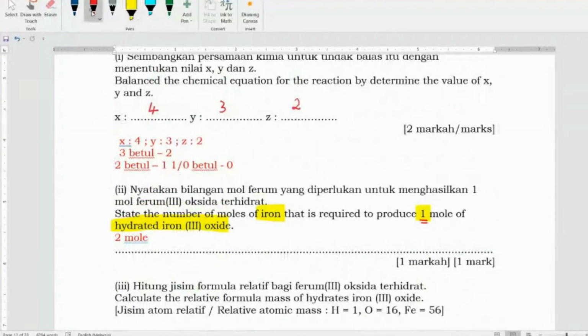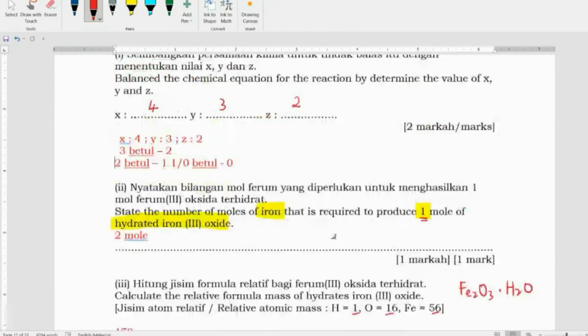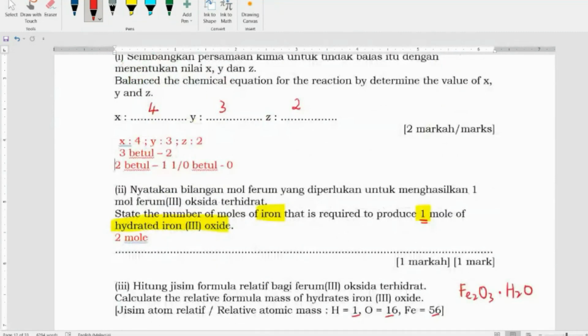So you total up Fe2O3 dot H2O. Replace in all this here. Can you calculate the relative molecular mass? Use calculator. Can you calculate? Yeah, the last question for tonight's lesson.